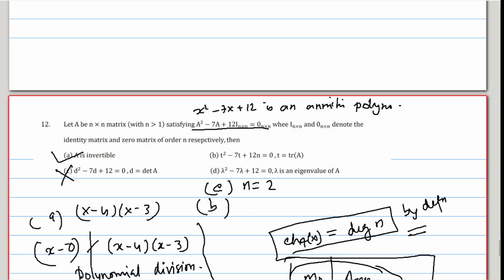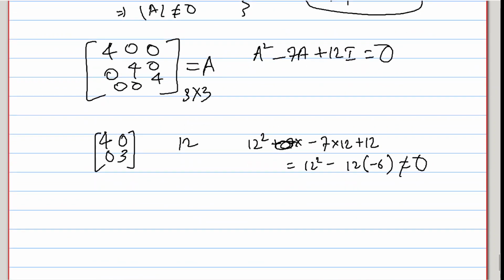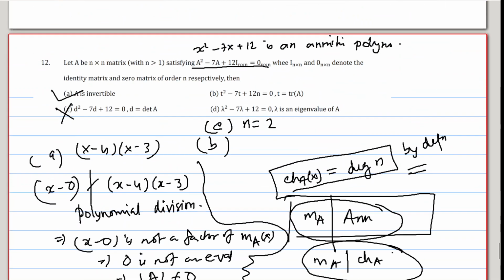What about the other option? You look at the trace. Let's take this matrix only. What will be the trace? The trace will be 7. So 7 squared minus 7 into 7 plus 12 into n, which is 12 into 2. This is definitely non-zero, so this is also false.